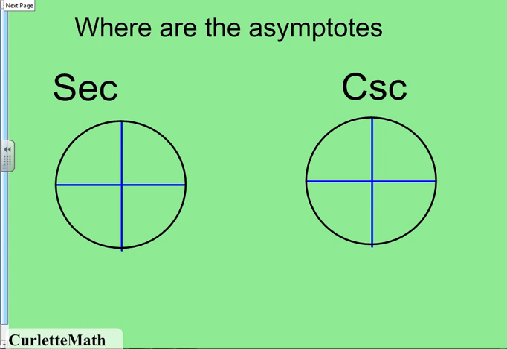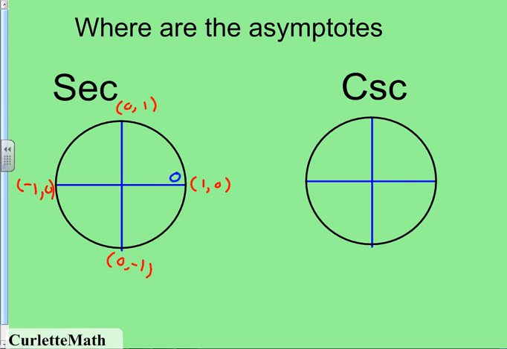So where are those asymptotes going to lie? Let's take each one of these functions and look back at the unit circle. Our coordinates are (1, 0), (0, 1), (negative 1, 0), (0, negative 1). What are the radian values going around at those points?